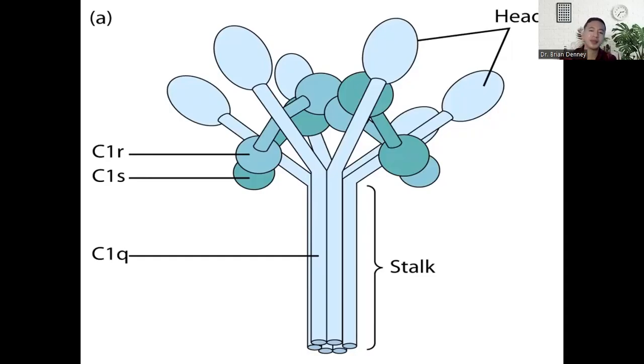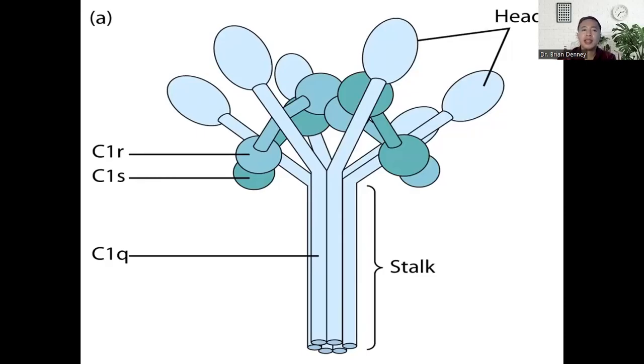Let me explain that. Again, your C1, being a complex, is actually comprised of subunits. Otherwise, you cannot call it a complex if it does not have any components or subunits. And how many subunits of C1 are there? 3, namely C1Q, C1R, and C1S.